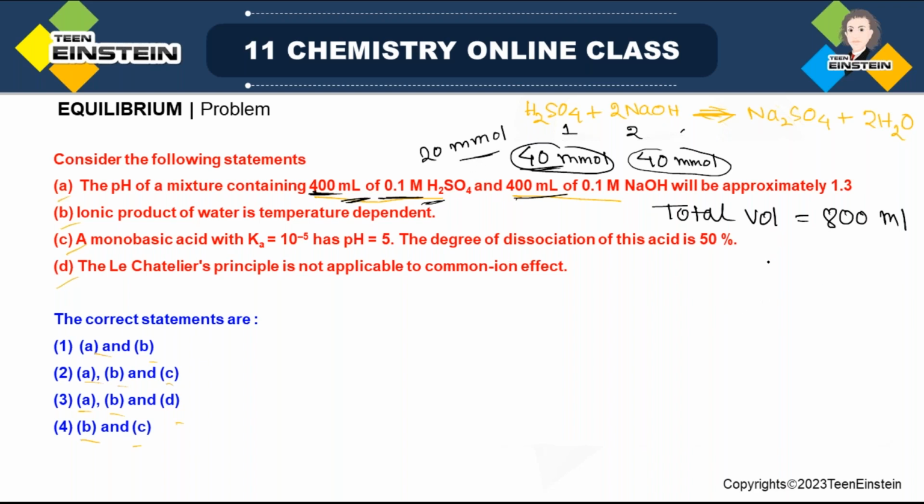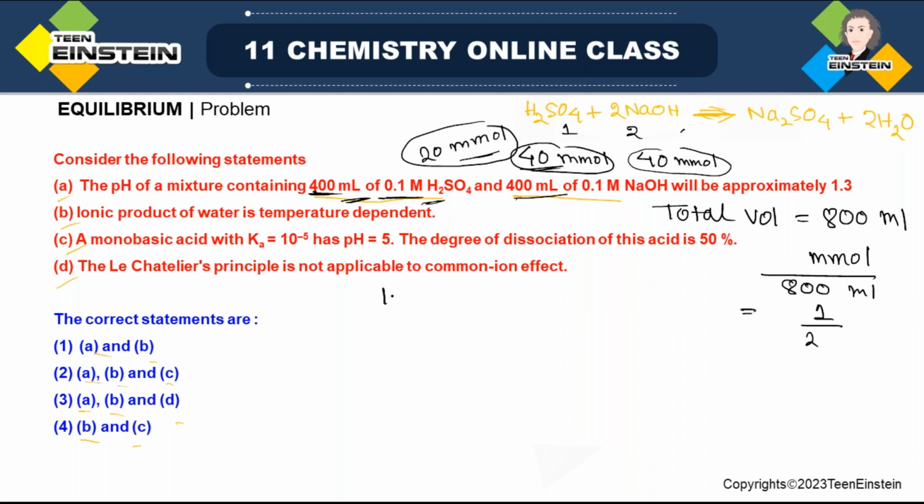Similarly, if you divide the number of millimoles by the volume, 800 ml, you get the corresponding molarity. One correction I have to make: 20 millimole is the H2SO4 left.